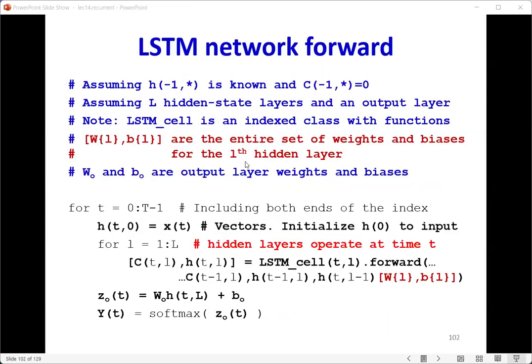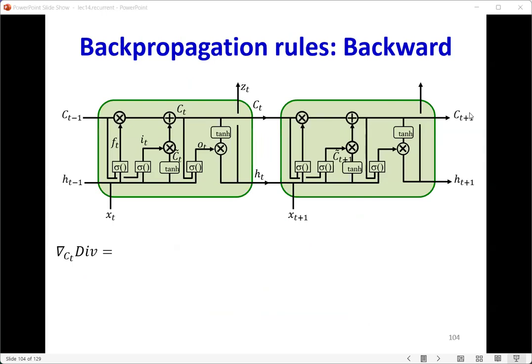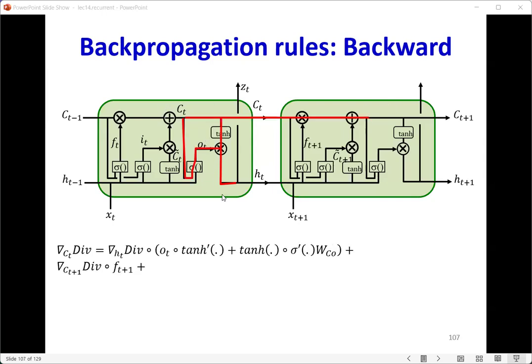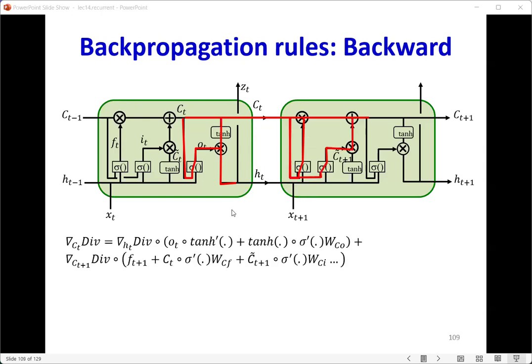Okay, and so let's see how derivatives come down. We can determine how C_t and C_{t-1} influence the divergence through this line, through this direct line, through this line, through this line.